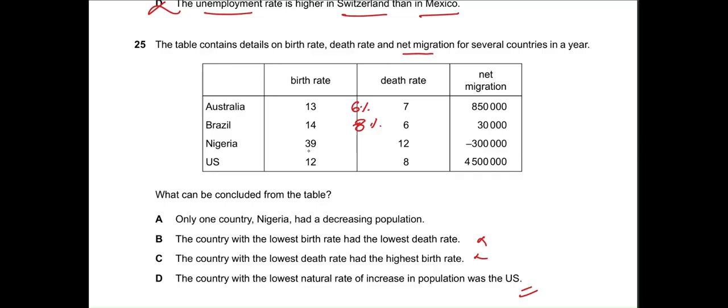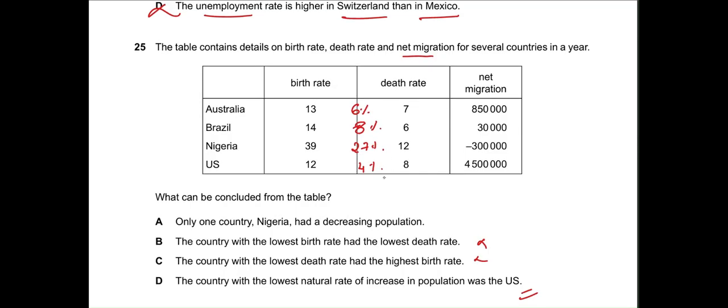Now 39 minus 12, this will give me 27%. And the last one will give me 4%. So if you see the last option, that is the country with the lowest natural rate of increase in population is US.